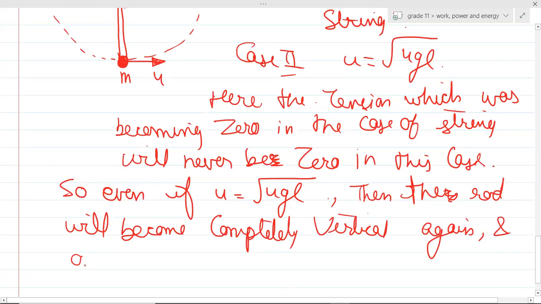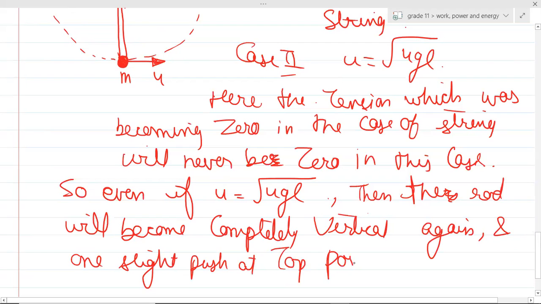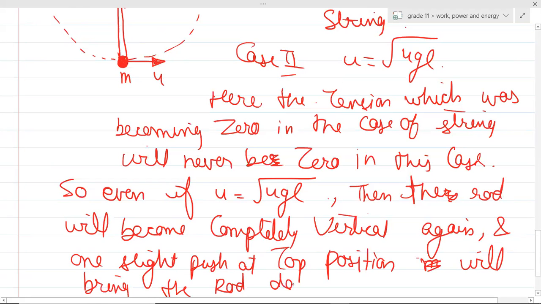And one slight push at the top position will bring the rod down for a complete circular motion.